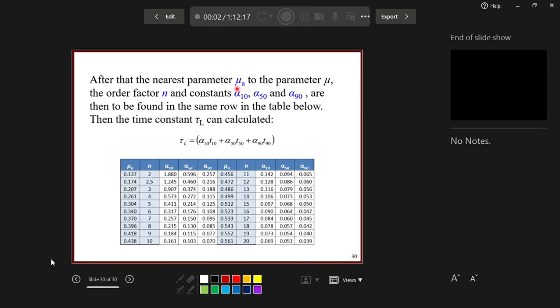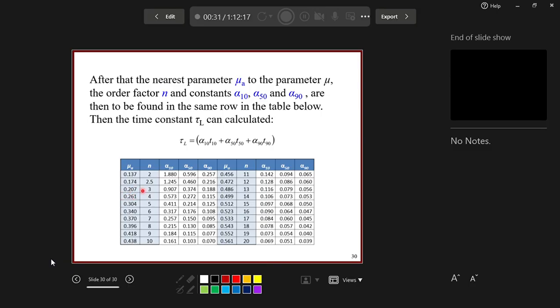So once we have the mu, the value that has been calculated from the T10 and T90, we come to this table. This is the mu. So for example, if we calculated mu between this number and this number, we approximate by rounding, so we either take this or this.